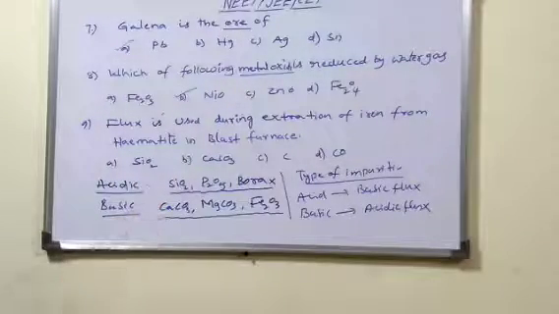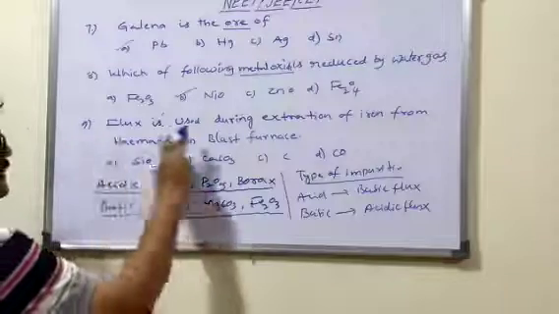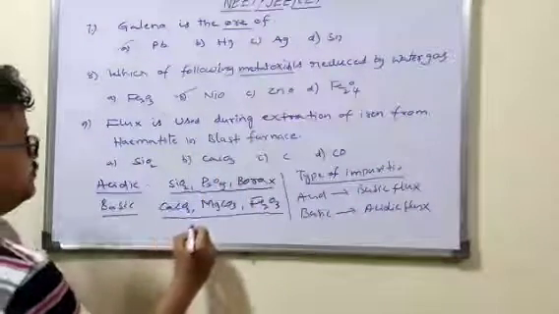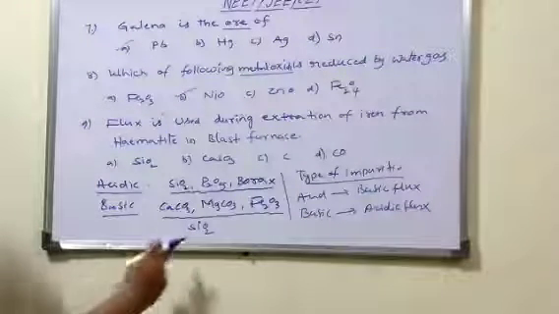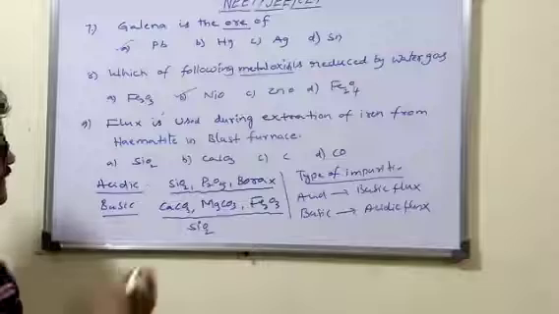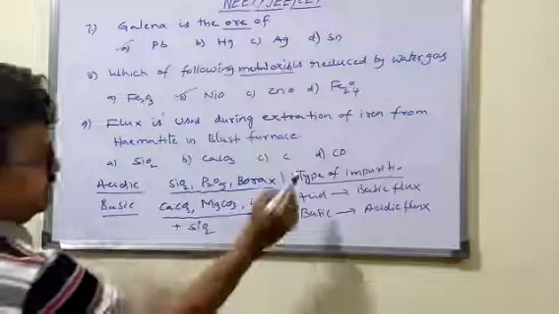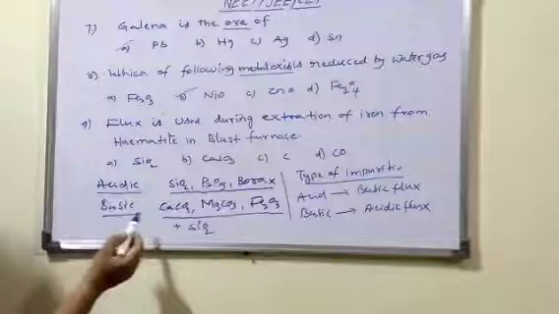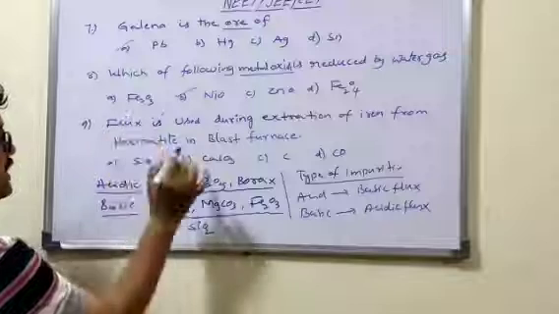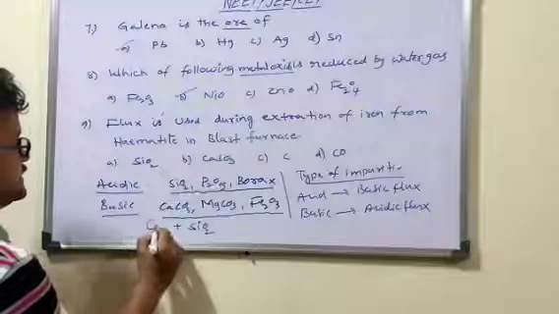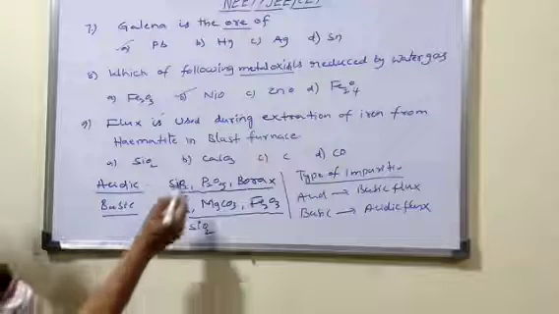This is the method you have to remember. Here, where we are extracting iron, the impurity we get is SiO2. SiO2 is acidic in nature. That's why we have to use a basic flux, any basic flux. Here I have given calcium carbonate, magnesium carbonate, and generally in a blast furnace we use CaO as the basic flux.